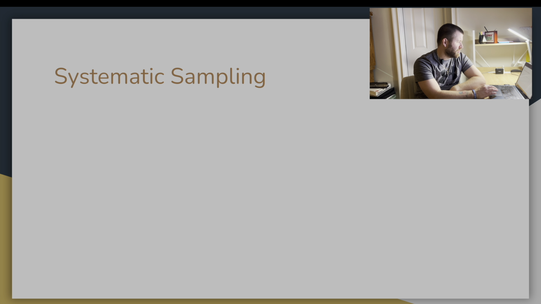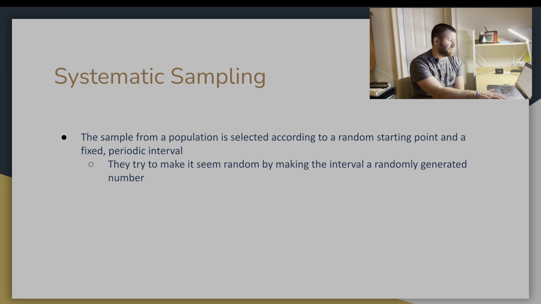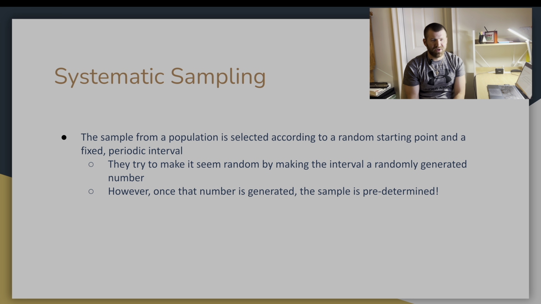Now, the other bad one is our systematic sample. This is the actual definition from the course and exam description, where we select a random starting point and a fixed periodic interval. Think of it this way: they try to make this sound good because we're going to randomly generate this number for the interval. But the problem is, as soon as you generate that number, your sample is predetermined.